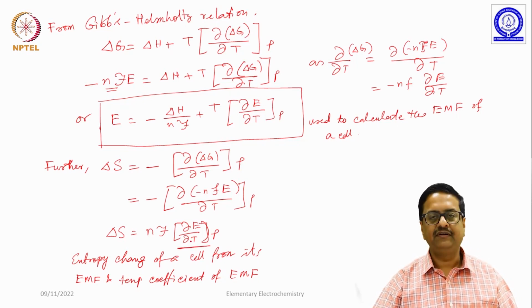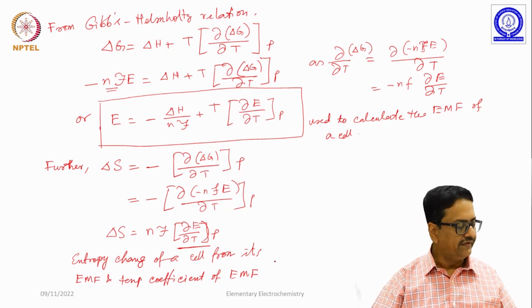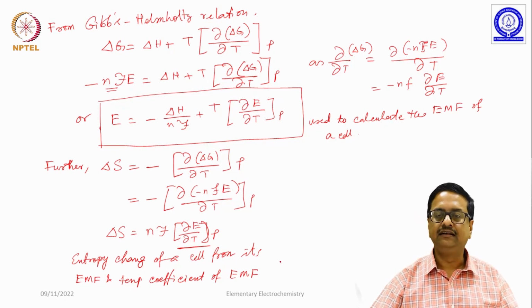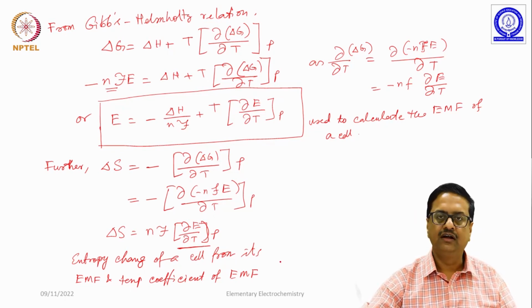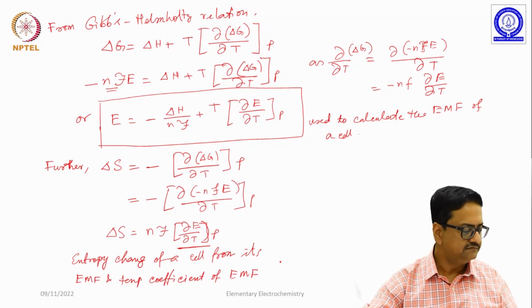So, if you know EMF and its temperature variation, then you can easily calculate delta S for a given cell.